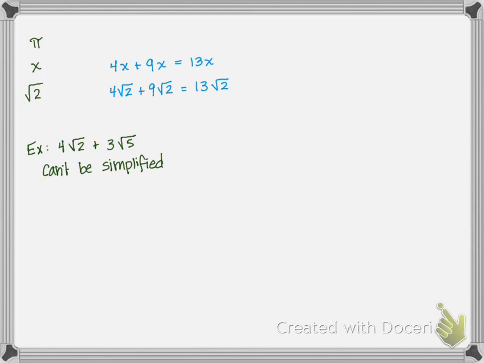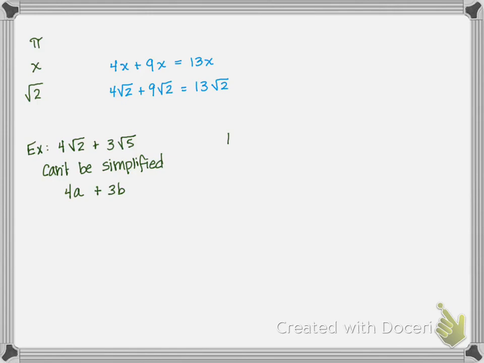So there's no way we can simplify the radicals. And then we can't add them because they're not like terms. So I have 4 of one thing and I have 3 of something else, and so we can't add those together. That would be similar to if I had 4a plus 3b. Because they're not like terms, we just have to leave it alone.